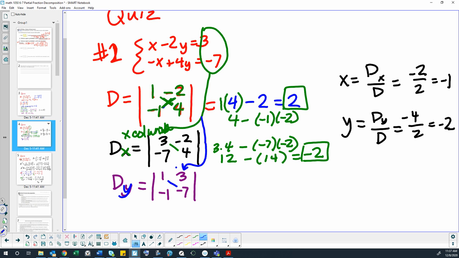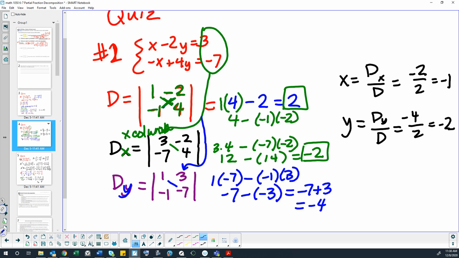And then we do our determinant again. So 1 times -7 minus -1 times 3. So we get -7 minus -3, which is the same as -7 plus 3, which is -4.